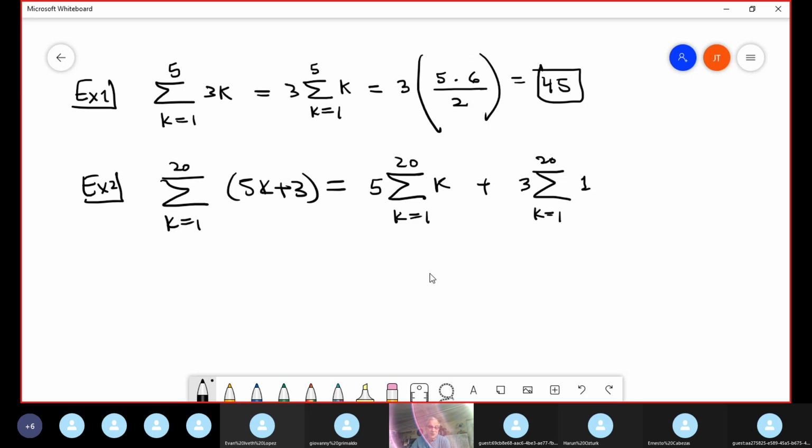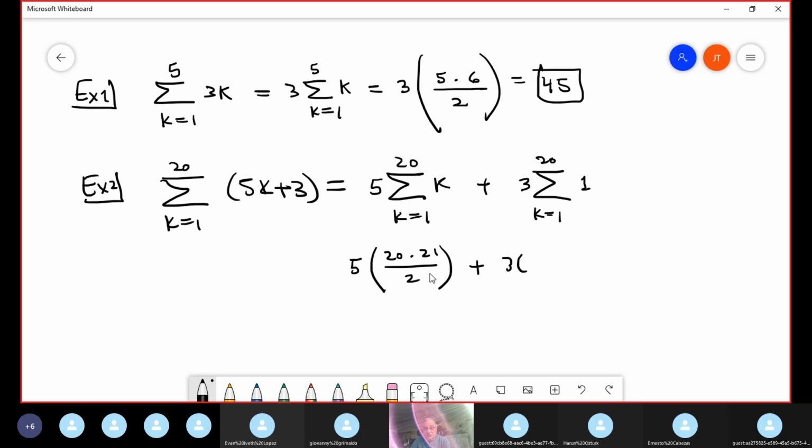Okay, let's solve it one by one. This is easy, this is 5 times, parentheses, 20 multiplied by n plus 1, which is 21, divided by 2. And this is 3 times something. 20 times 1 is 20.